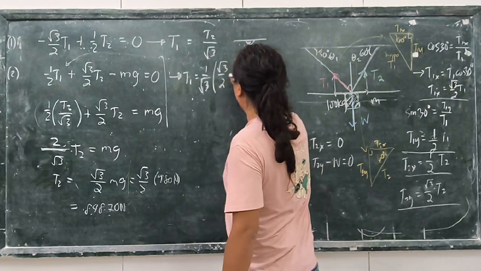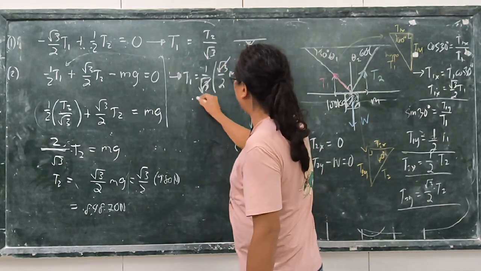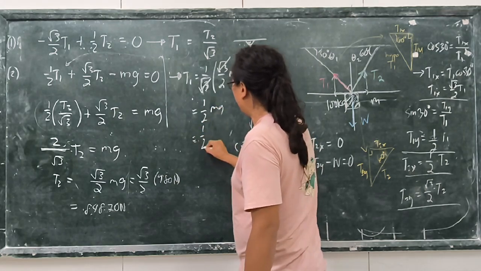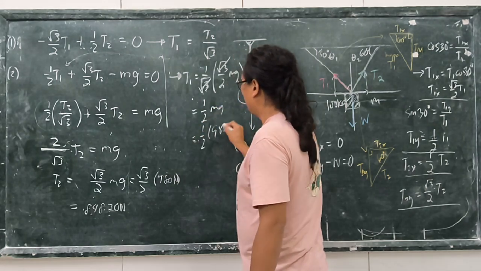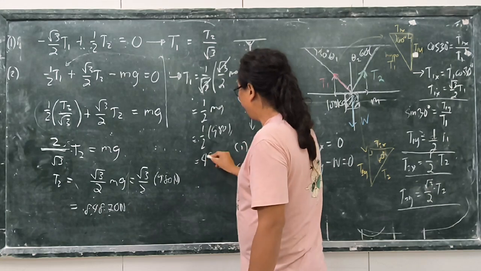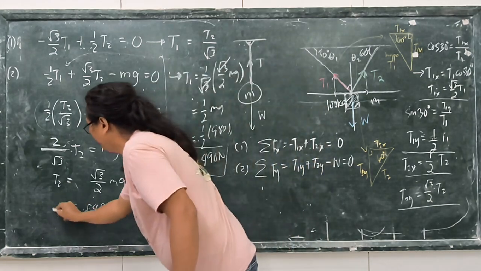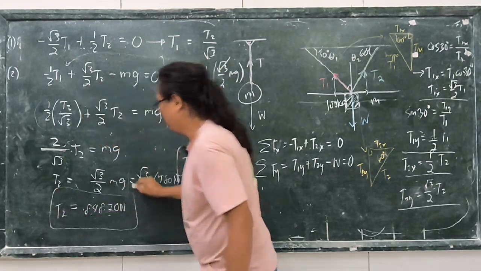Square root of 3 over 2 mg, right? So they cancel. This is just equal to 1 half mg, or 1 half times 980. You get now 490 newtons as your T1. So you have this eventually.